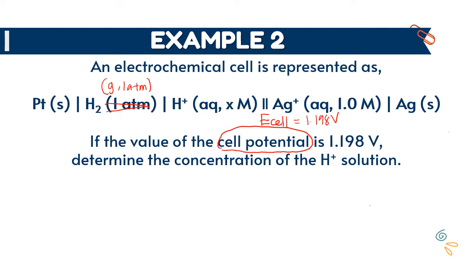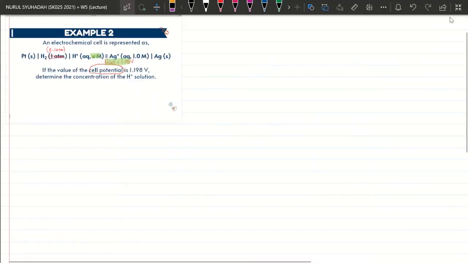The question asks us to find the value of X, the concentration of H plus used, and it gives us the value of E cell, meaning this reaction is done not under standard conditions. Let's take a look at how to solve this question. The steps are the same: step 1, 2, 3, and 4, a 4-step calculation.